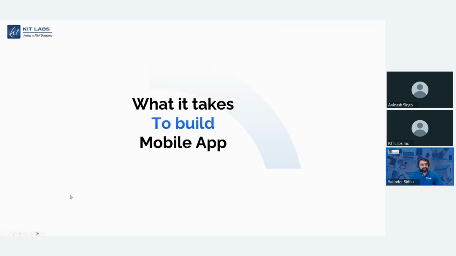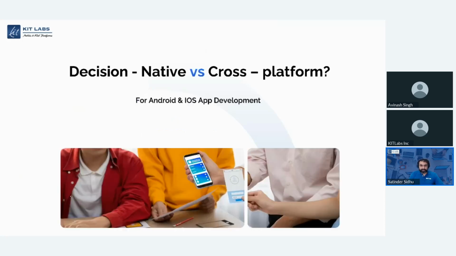So what does it take to make a mobile app? You already thought about it, that okay, yes, you need a mobile app, a website itself is not enough. Now, what does it take to make a mobile app? There are a couple of decisions which you have to finalize before you can come to the conclusion that you want to create a mobile app.